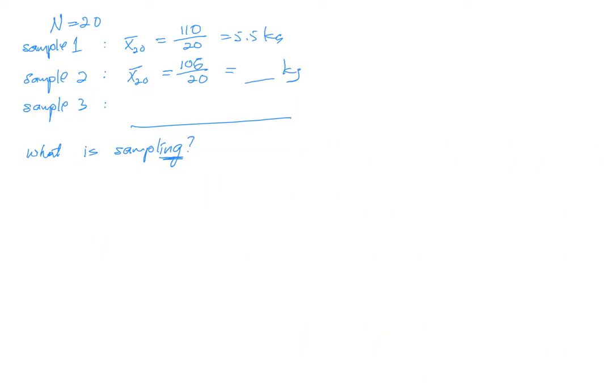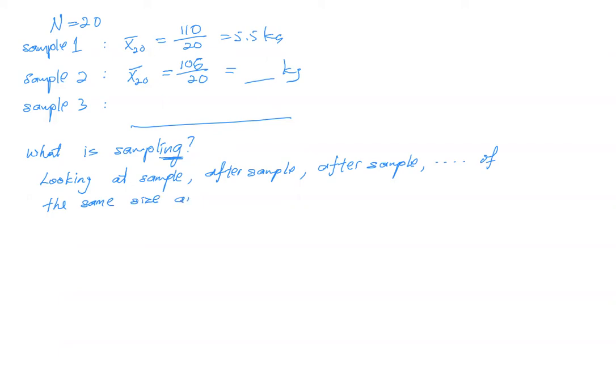So sampling means looking at sample after sample after sample, many more, very important, of the same size and from the same population. So that is called sampling.